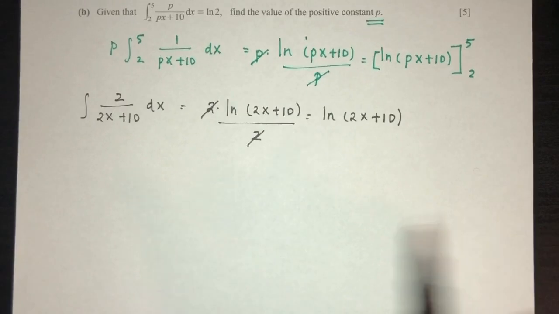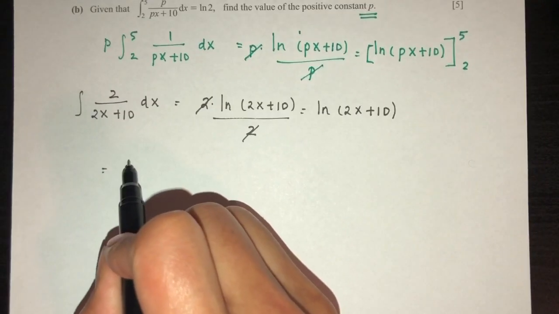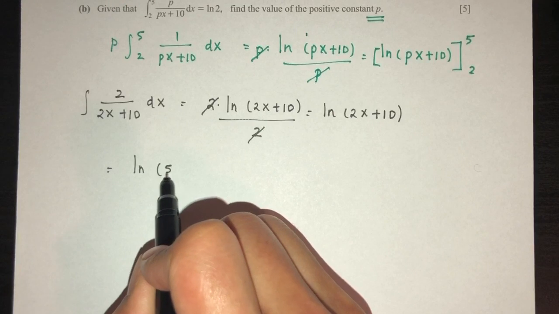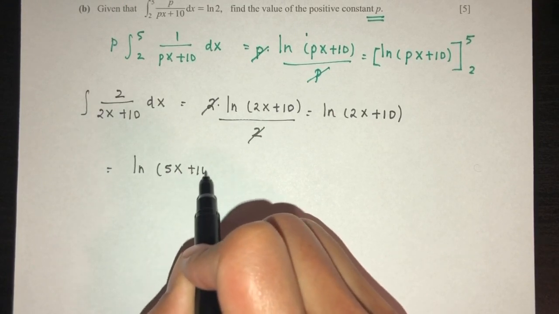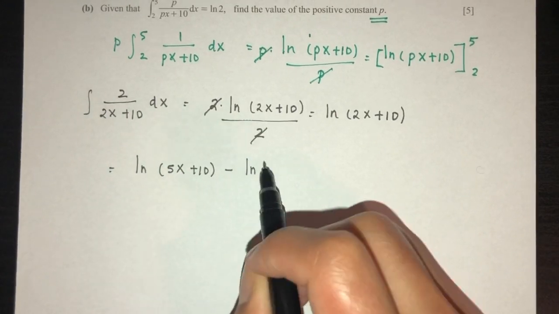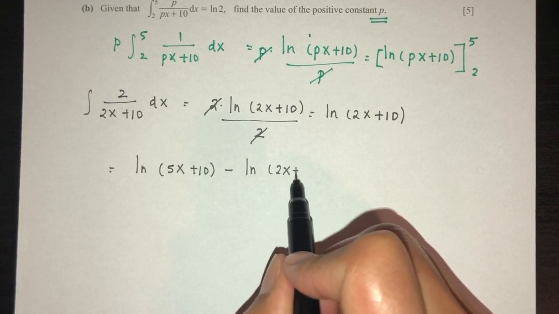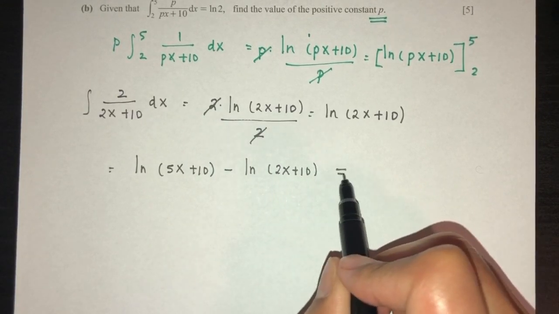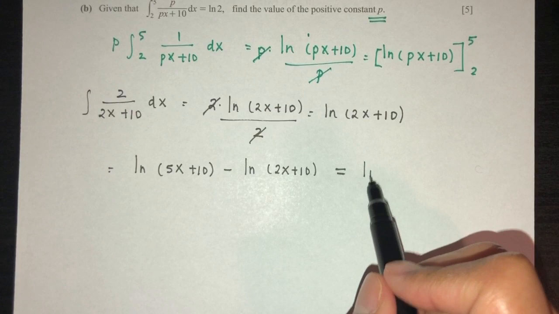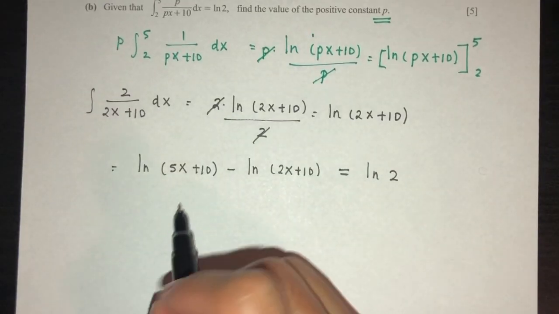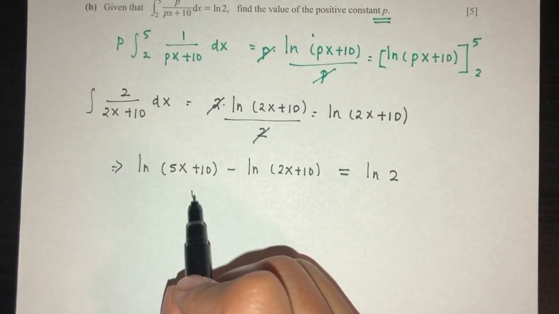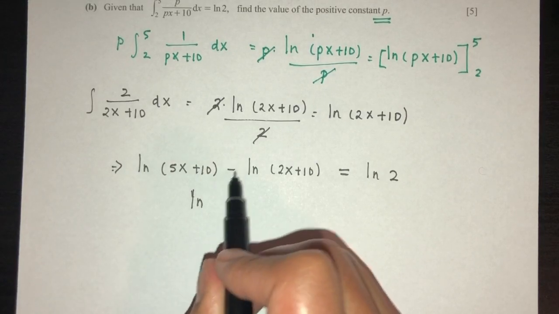So you will have what? 5 will be ln 5x plus 10 minus ln 2x plus 10. That is supposed to give you ln 2. Okay, now let's simplify. You will have ln, and when you have minus, you can just divide.